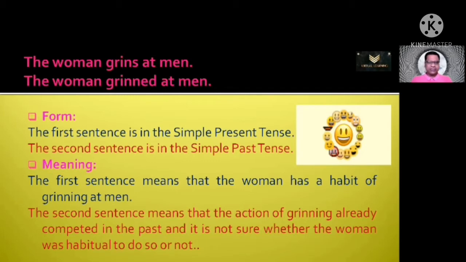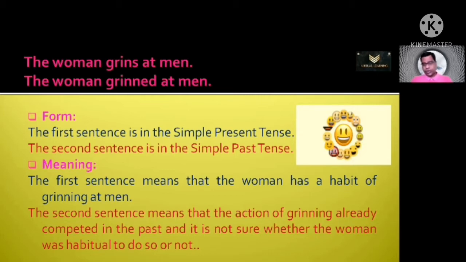Actually, to grin means to have a broad smile, right? And the woman has that kind of habit, probably. Whereas you have the second sentence, the woman grinned at men. The second sentence means that the action of grinning at men was already completed in the past.